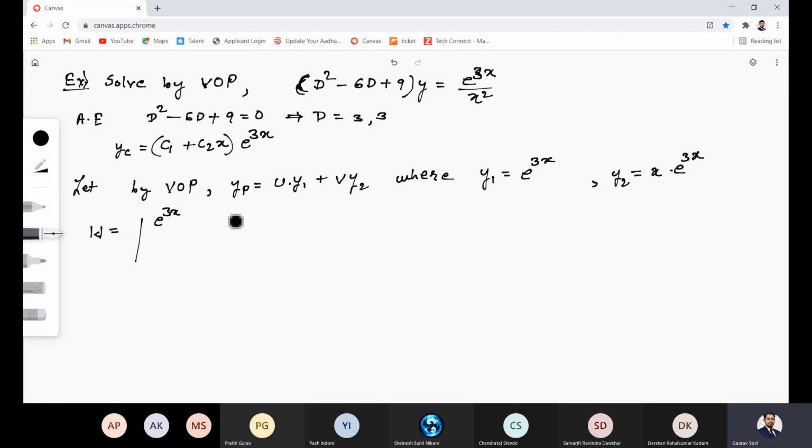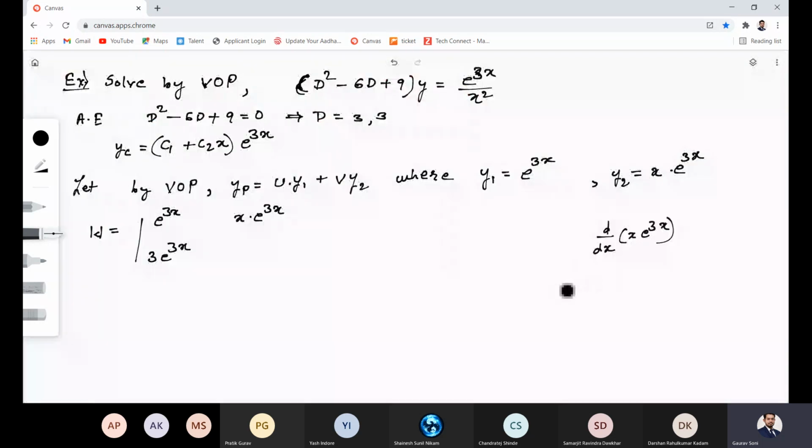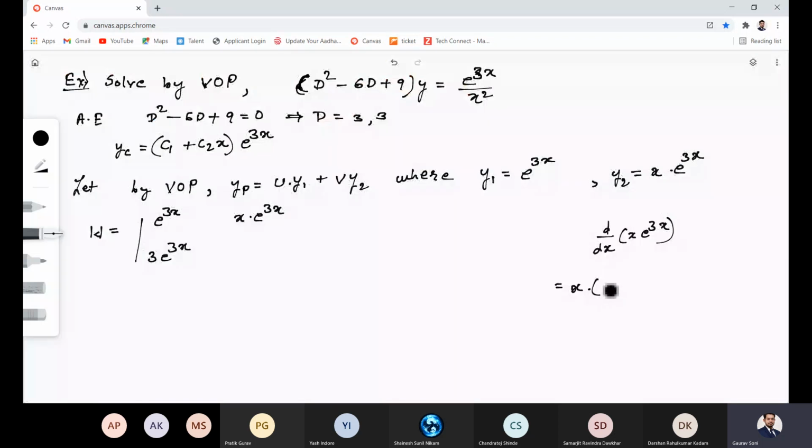e to the power 3x, which is y1, x e to the power 3x, and the derivative of e to the power 3x is 3 e to the power 3x, and the derivative of x e to the power 3x. D by dx of x e to the power 3x, by product rule, is x times the derivative of e to the power 3x, which is 3 e to the power 3x, plus e to the power 3x.